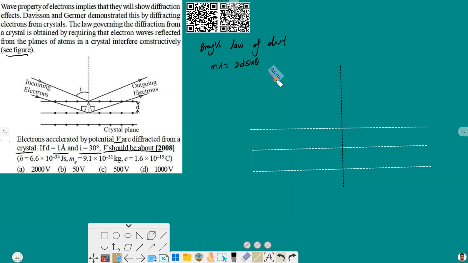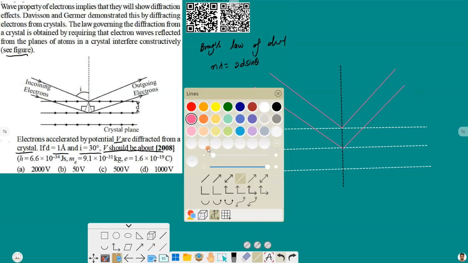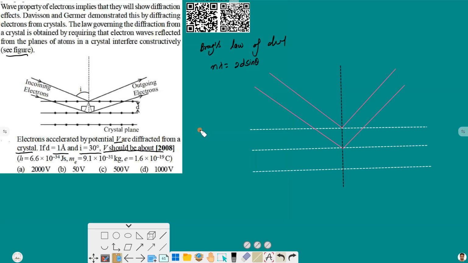Actually, we are taking a plane wavefront like this, and then it goes outside like this after reflection. So what is happening here? We can find the path difference between these two rays, and for that let's mark it like this and like this.